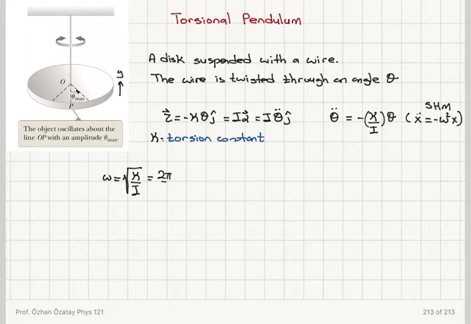I can recognize that my omega for these oscillations will be equal to square root kappa divided by I, which is 2 pi divided by the period, or period will be 2 pi square root I, moment of inertia, divided by kappa.